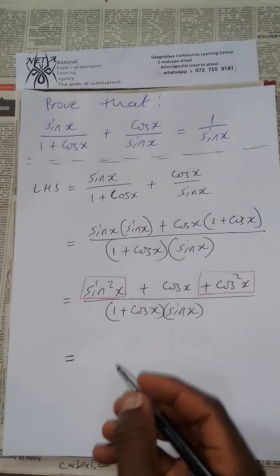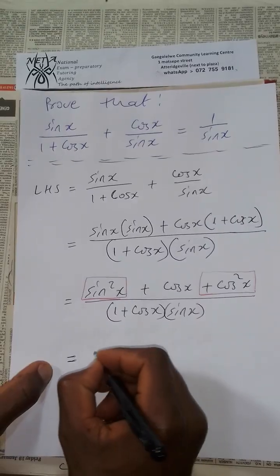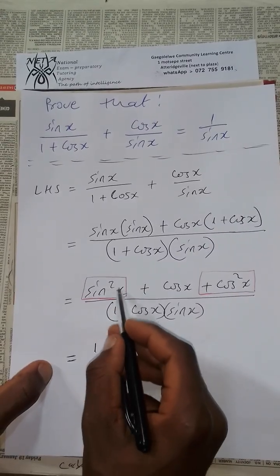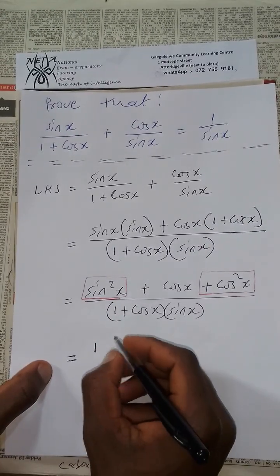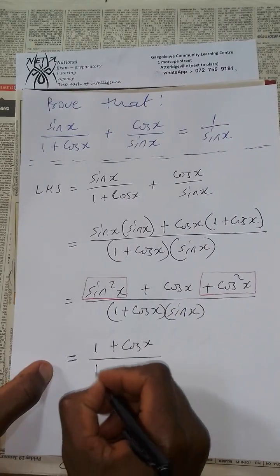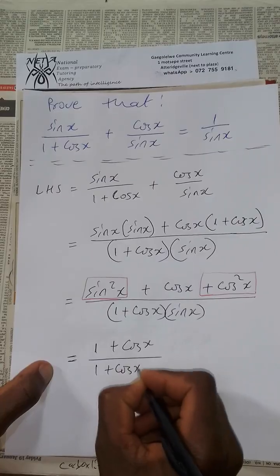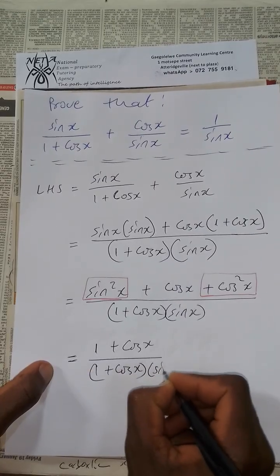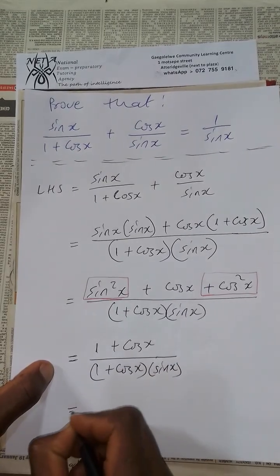Then we show on our numerator that sin squared x plus cos squared x is 1, plus this cos x that has been left. And we did not do anything to our denominator, so we just leave it as it is.